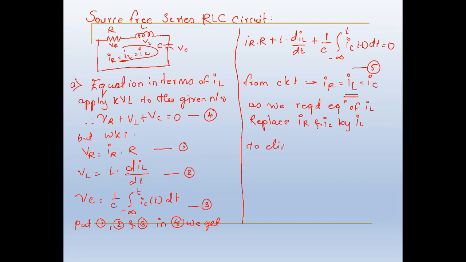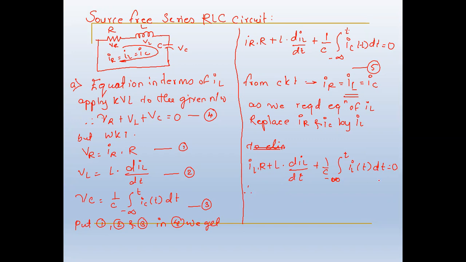Before we write, I'll just write the same equation. So your equation will now be IL into R plus L into dIL by dt plus 1 by C integration of minus infinity to t of IL of t into dt, which is equal to 0.